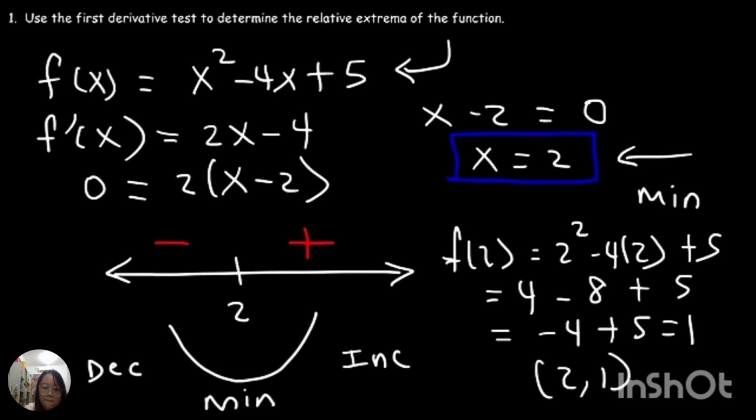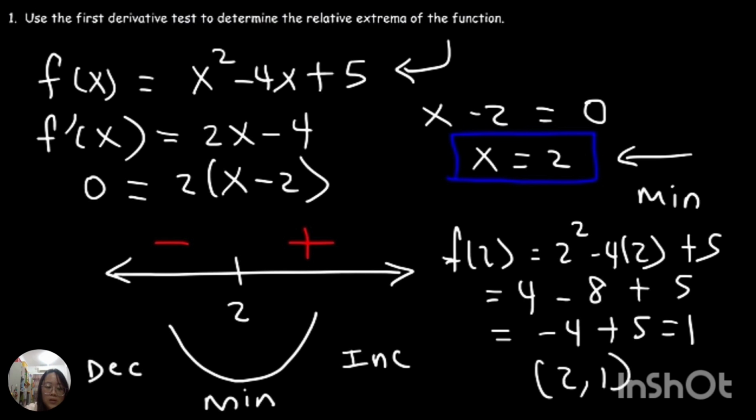For the example, f(x) equals x squared minus 4x plus 5. The first thing we need to do is differentiate it.